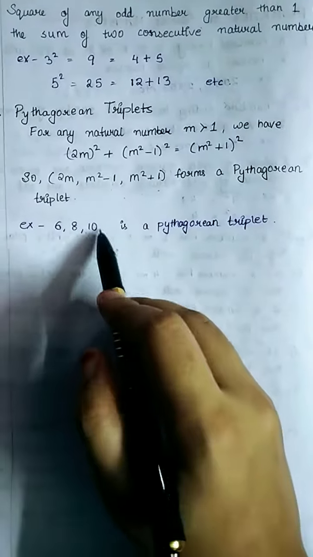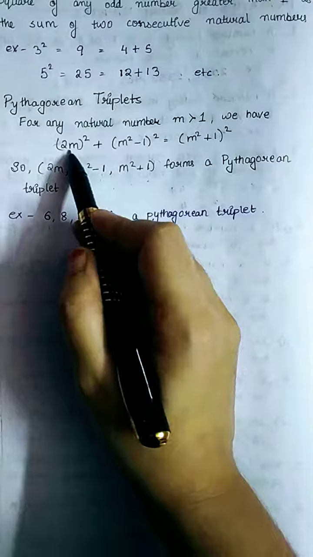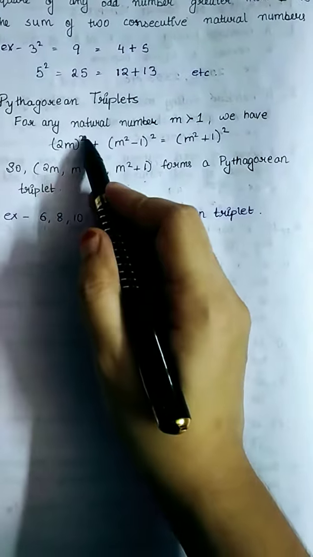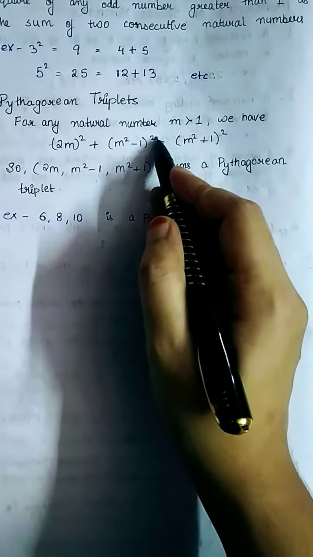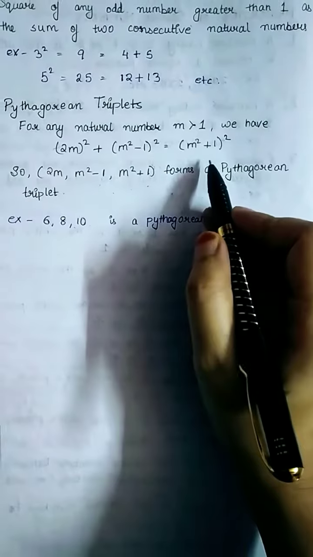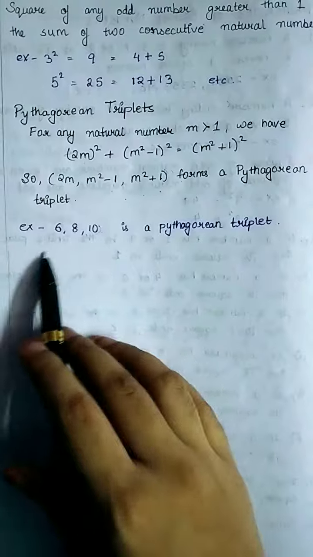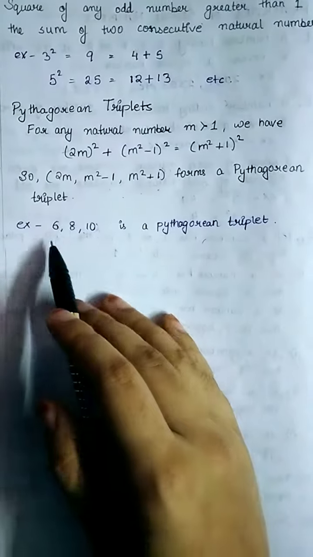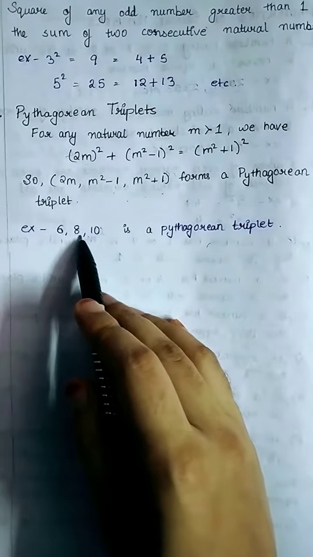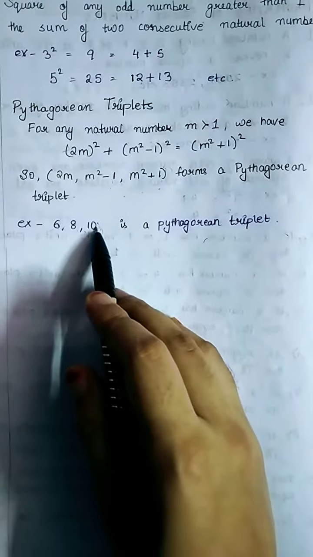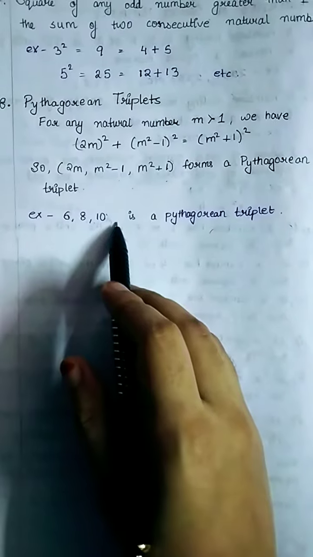For example, 6, 8 and 10. 6 squared is 36, 8 squared is 64. 64 plus 36 gives 100, which is the square of 10. That's why they form a Pythagorean triplet. The sum of the squares of two numbers gives the square of the third number.